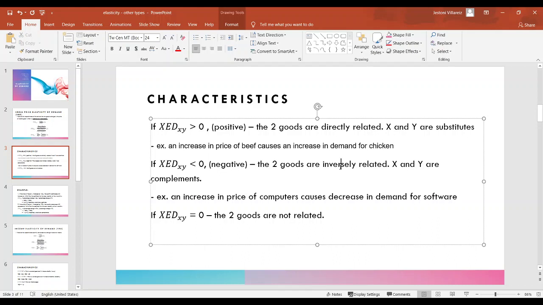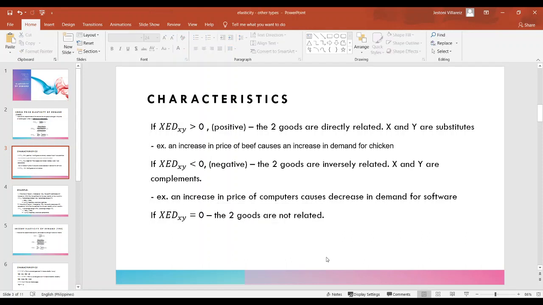Complements meaning they go together, like toothbrush, toothpaste, cars and gasoline. So they are inversely related kung negative ang imong XED. And then if the XED is equals to 0, the two goods are not related. So they have no relationship.